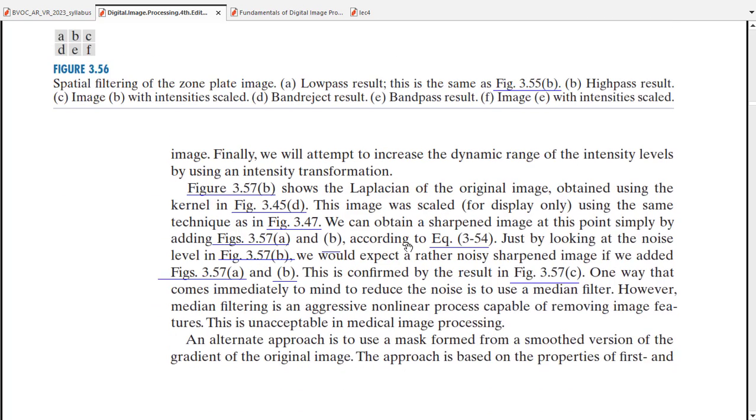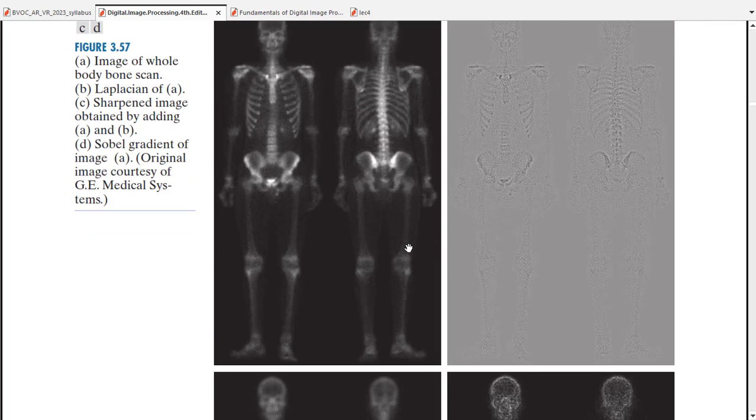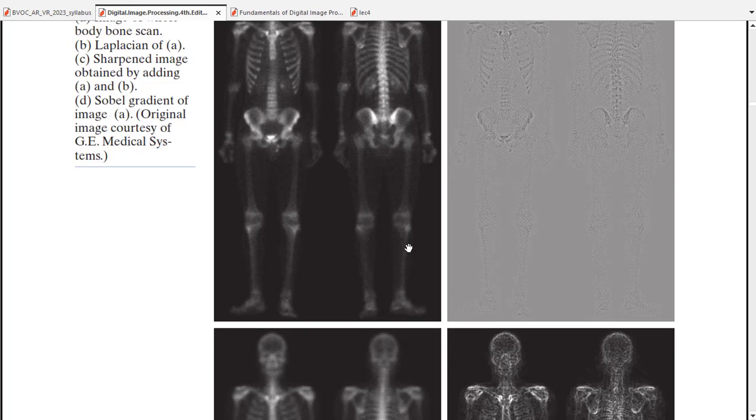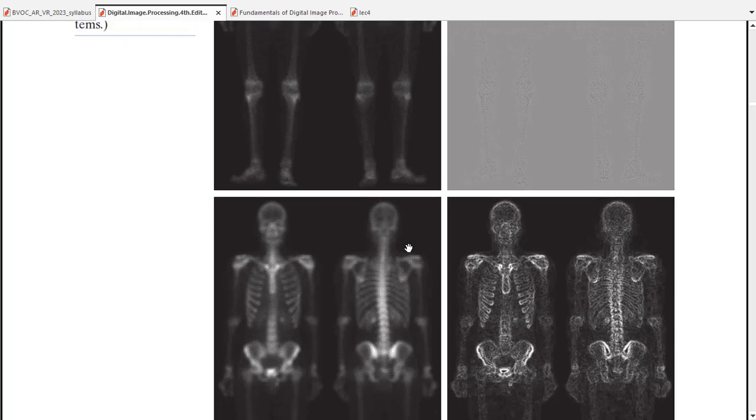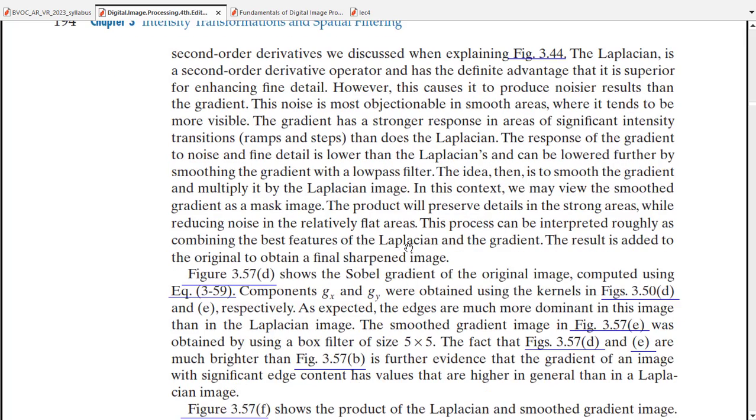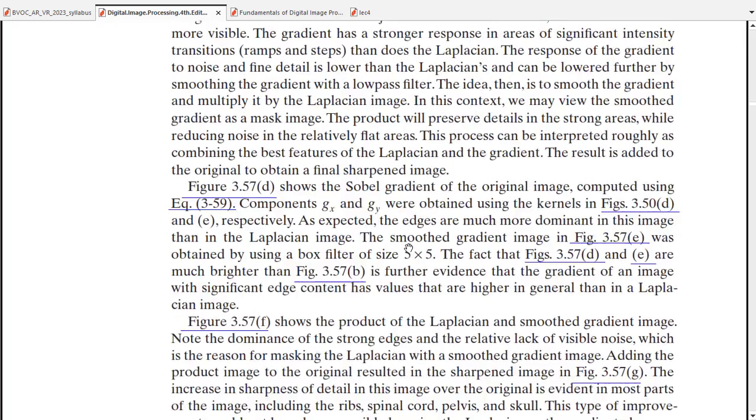For medical images, this is supported by first-order and second-order derivatives. In this case, the Sobel image or mask of the image is used in the subsequent analysis.